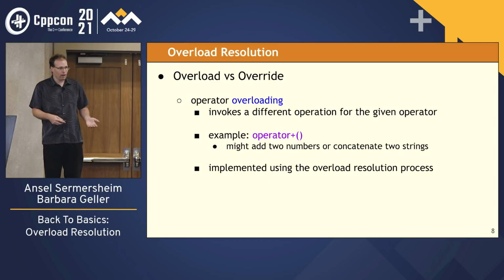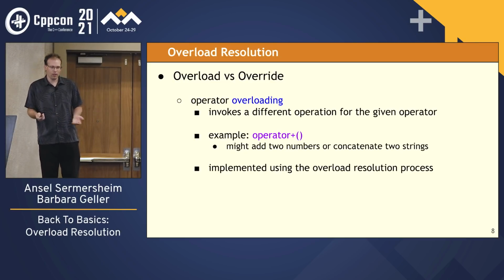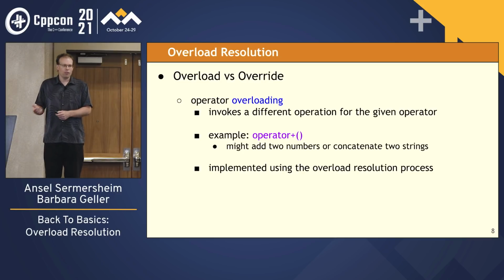And then operator overloading is another commonly confused term. This is where a different operation will be invoked for a specific operator given the data types of the data that you're working on. So as an example, if you declare a method called operator plus, and that's actually the name of it. Operator overloading always involves a name that starts with the word operator followed by a symbol, like a plus sign.